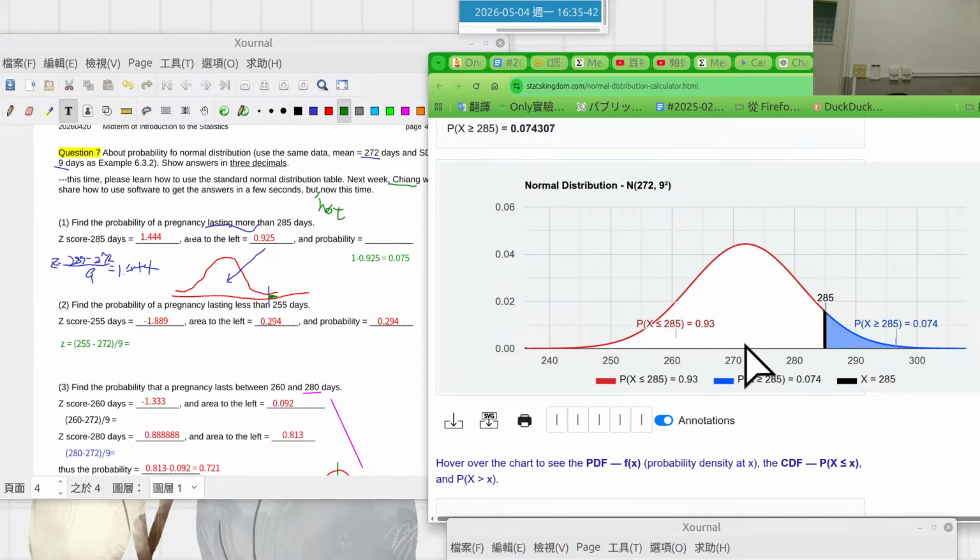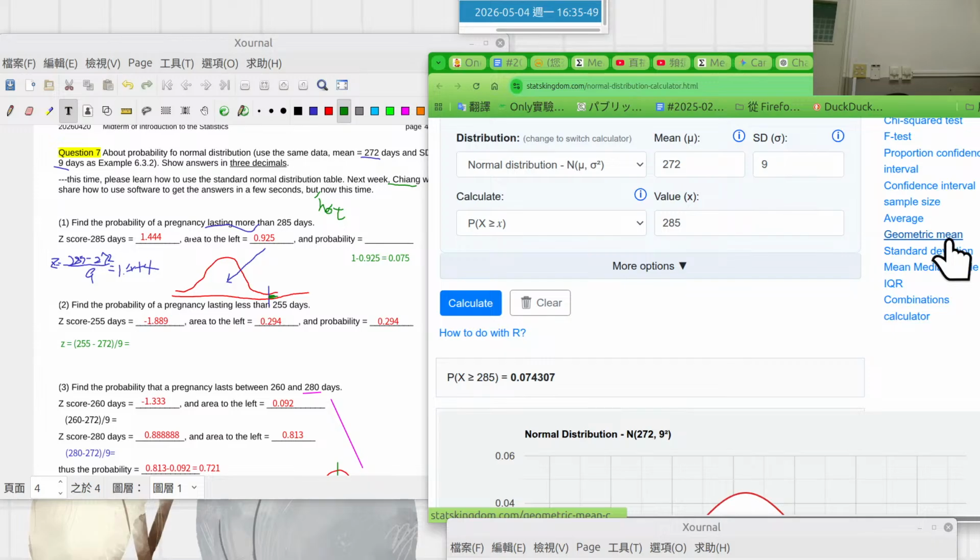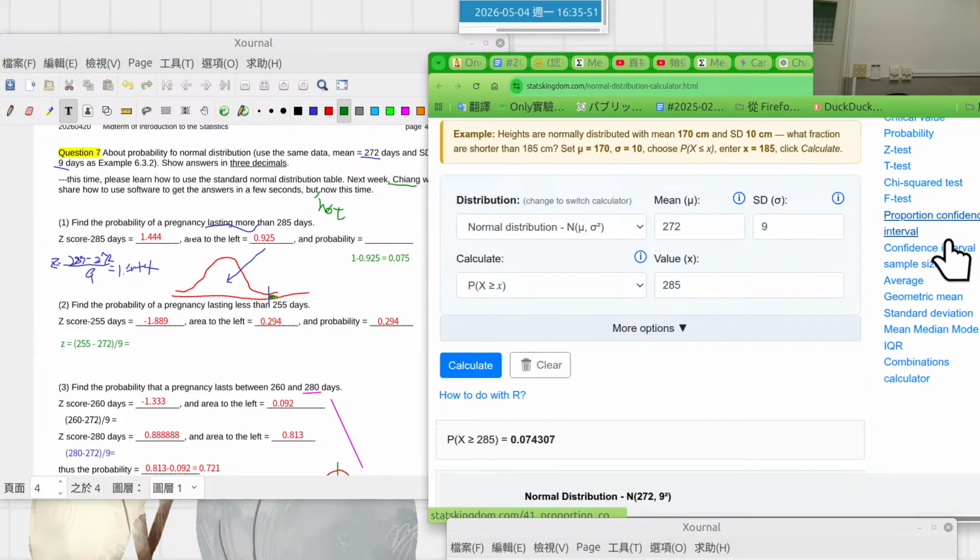Okay, let me show you again. I know some of you already caught it. Please insert the conditions we have. First of all, normal distribution. Mean, 272 days, the average of pregnancy. Standard deviation, 9 days. And we want the area on the right side. Why? Because the question says more than 285 days.